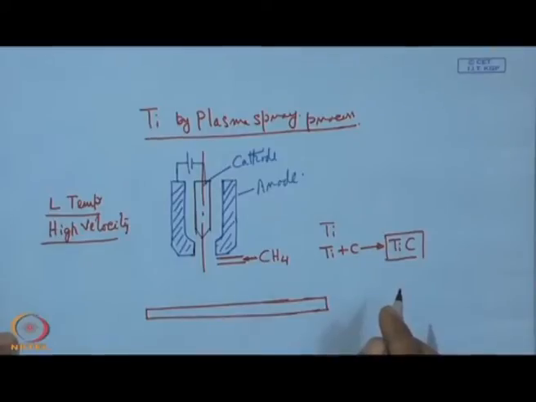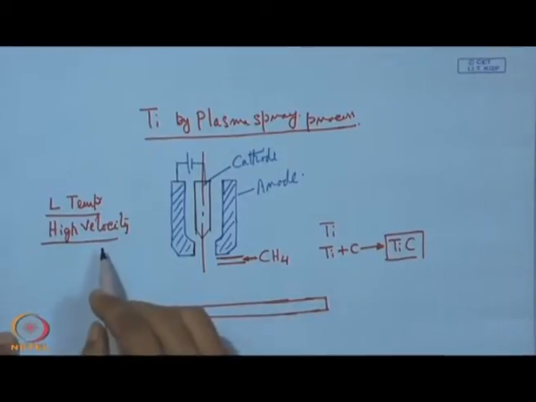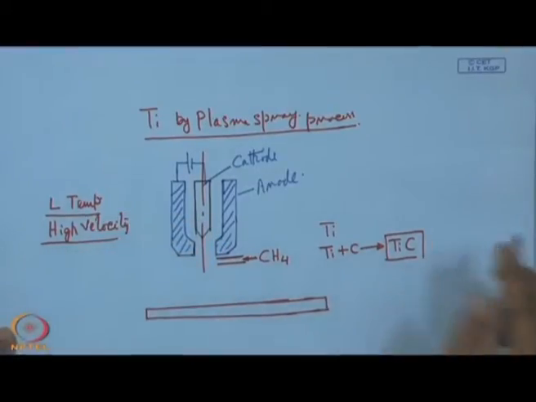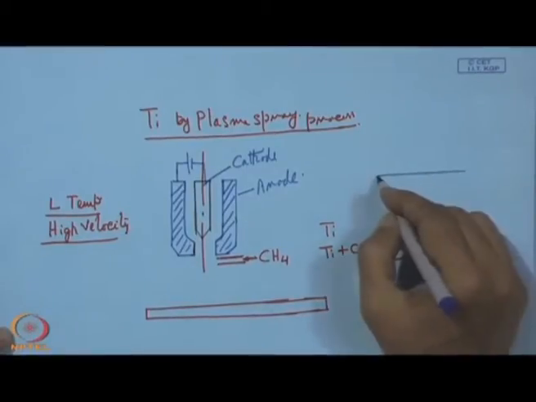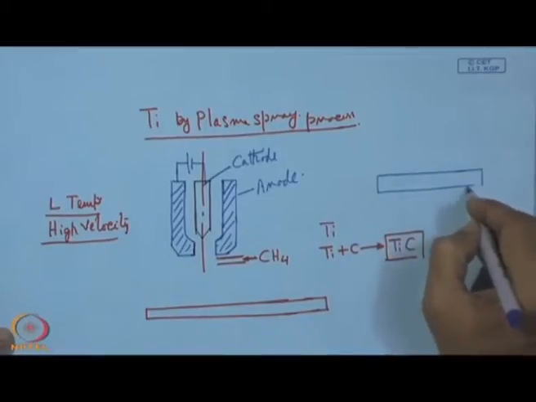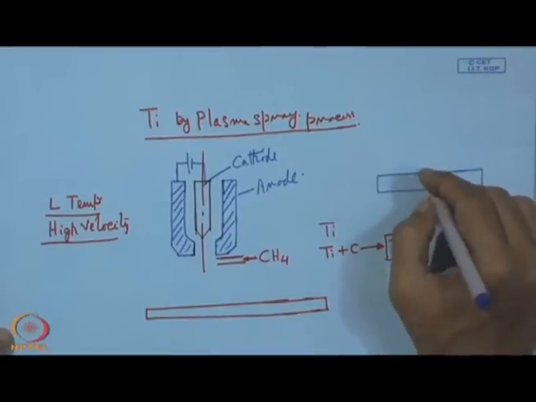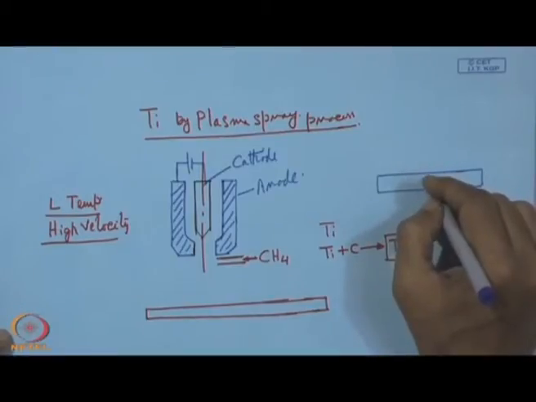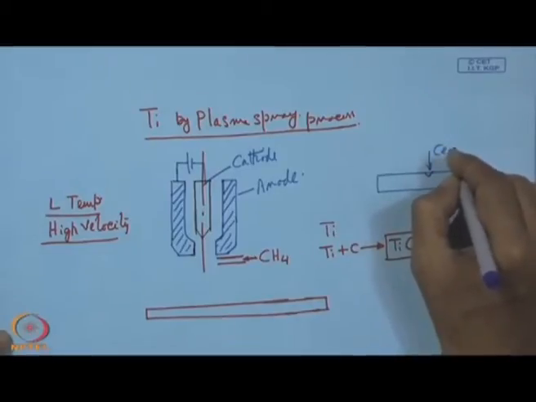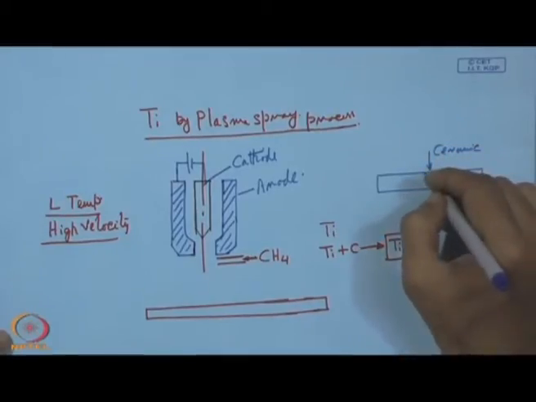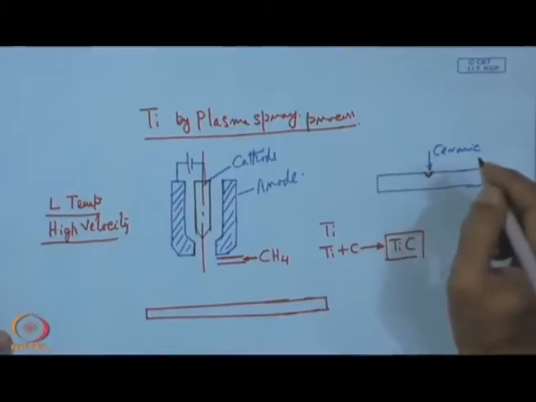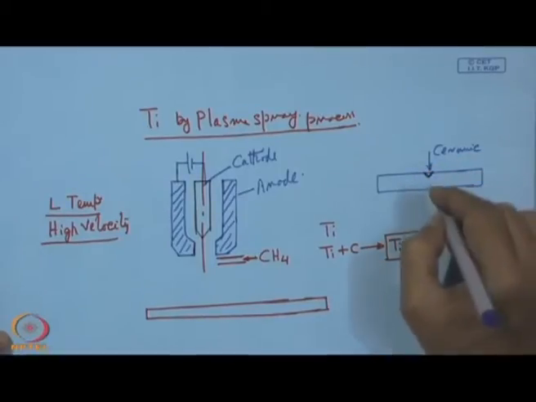In that case, if we put ceramic material, it can go with that high velocity and heat the substrate, and that can cause some corrosion on the surface of the soft substrate.